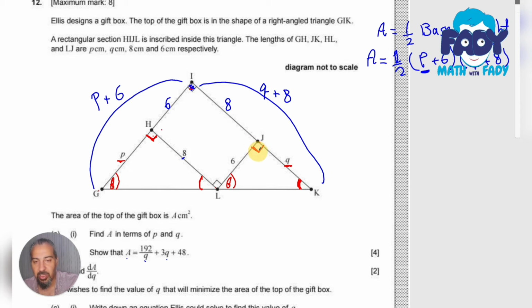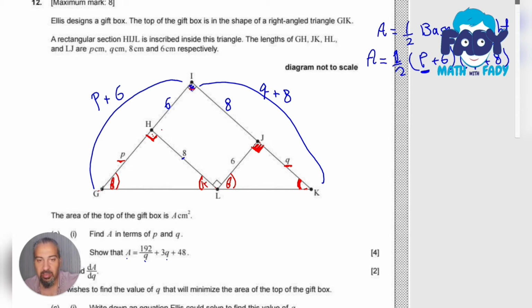Angle J is 90, so 90, K, theta; 90, K, theta. In the big triangle, 90, K, theta. So this is similarity; by the properties of similarity, all these angles are the same. So this angle theta is the same as that theta here. Is this useful information? Of course.